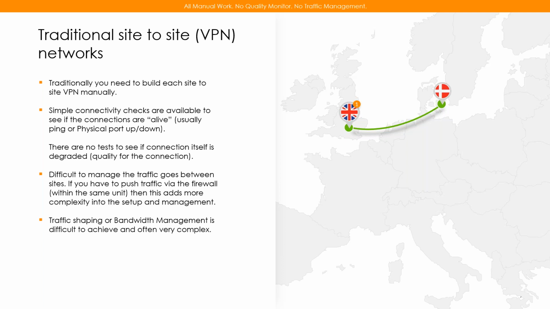But you can't see what is the quality of the connection. So is it really fast? Is it taking the full amount of speed that you have on your connection? So the connection you can check, but not the quality.